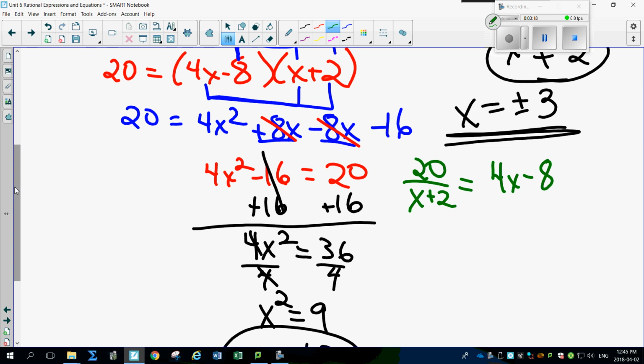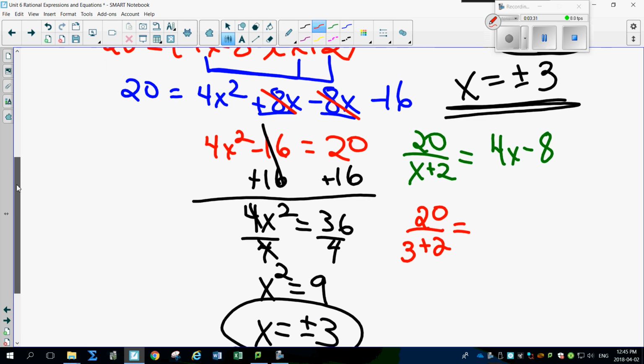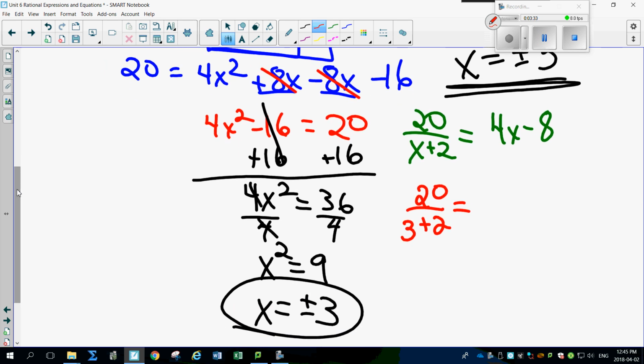Both sides better be equal to each other. So let's try our numbers. Let's try plus 3. So all we're going to do is substitute that in. So we have 20 over 5, which equals 4. Now, the right side better equal 4, otherwise you're in trouble.